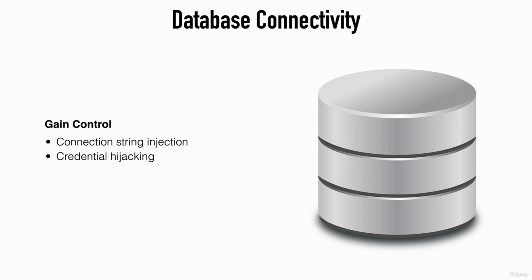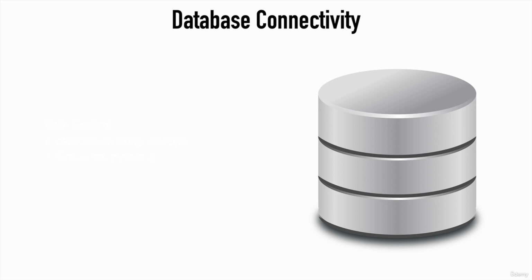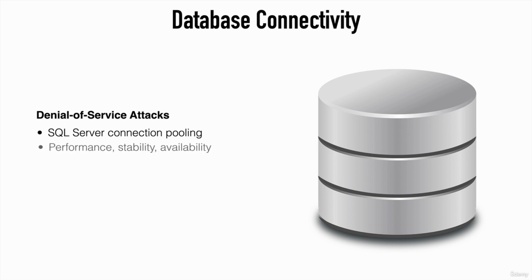Now, most commonly when we're thinking of database connectivity, we think of this in terms of denial of service attacks. This is the most common way that we see this implemented. We often see connection pool denial of service attacks. What is a connection pool? SQL Server does use connection pooling, and what connection pooling offers very simply is better performance, more stability, and higher availability.